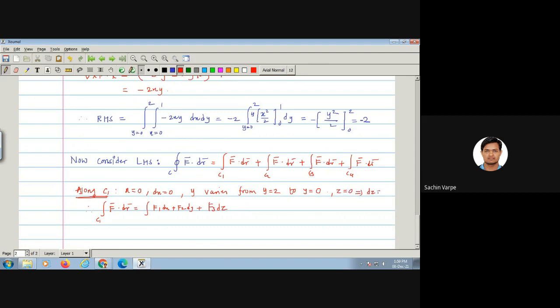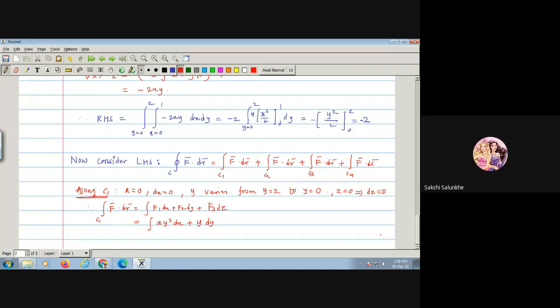So the third component is 0 there. What is f1? F1 is xy square dx, plus f2 dy. What is f2? F2 is y dy. And dz being 0, the third component will be 0. Is this clear?